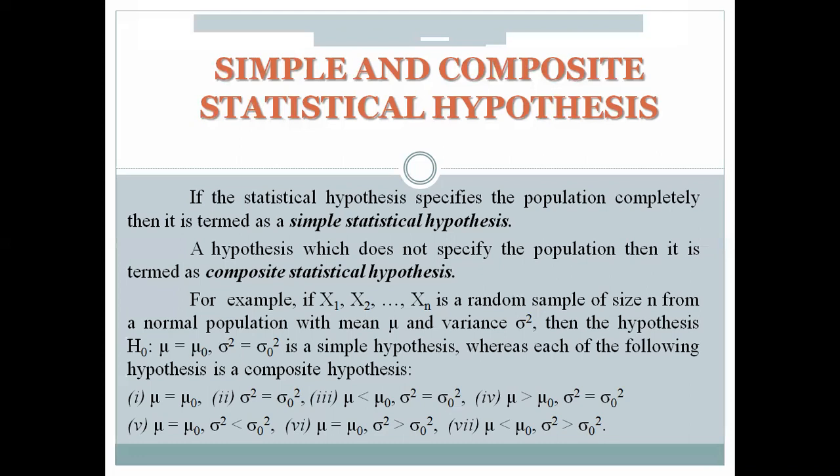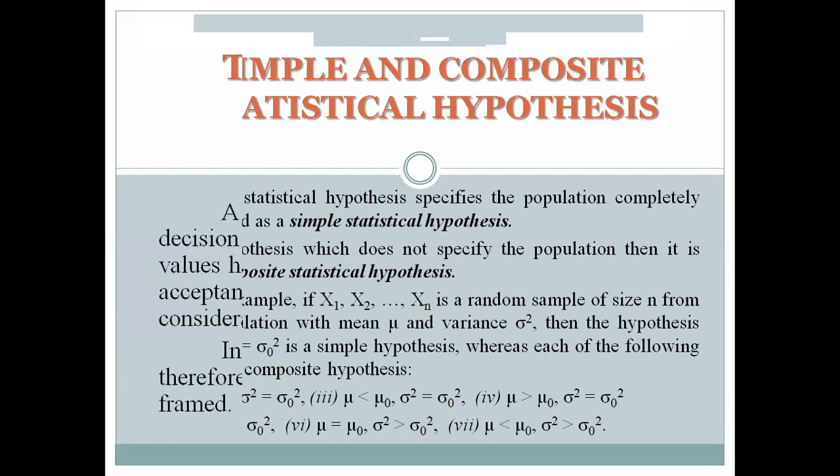This is not completely specified. Here only mu is specified, and sigma squared is not. Here sigma squared is specified, and mu is not. Here sigma squared is specified, and mu is only partially specified. So when it is not completely specified, that is called a composite statistical hypothesis.